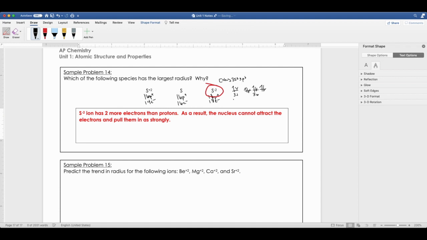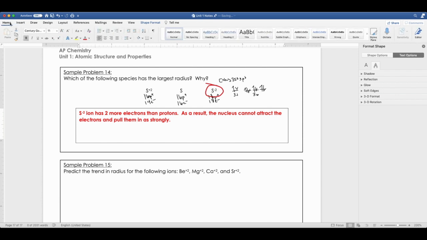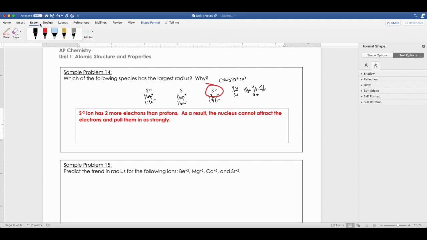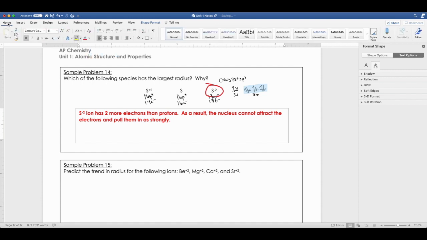Another reason why we might see the radius increase is because these electrons don't want to be next to each other. Why don't the electrons want to be next to each other? These guys right here start to repel right there. Electrons don't like to be in very close proximity with one another. And if they are in close proximity, they do in fact start to repel a little bit.